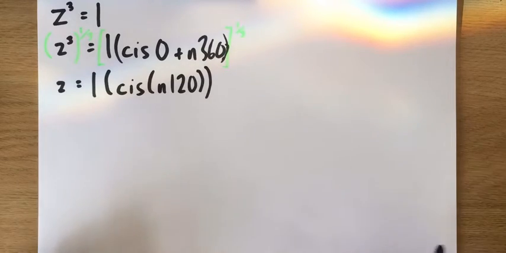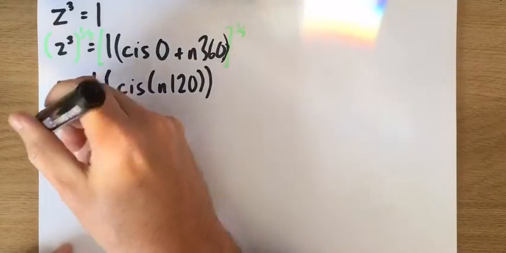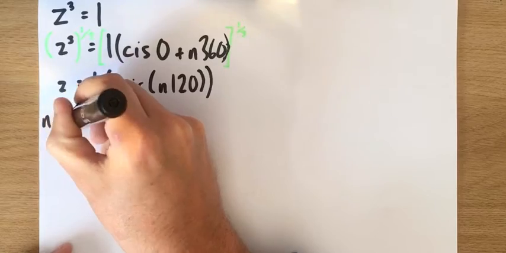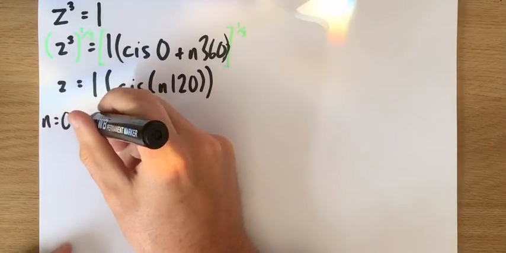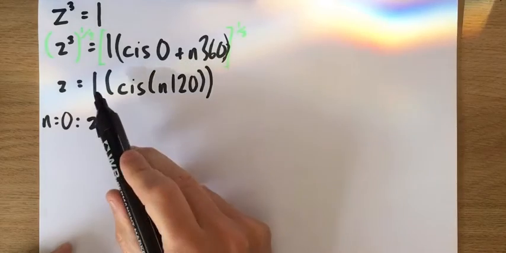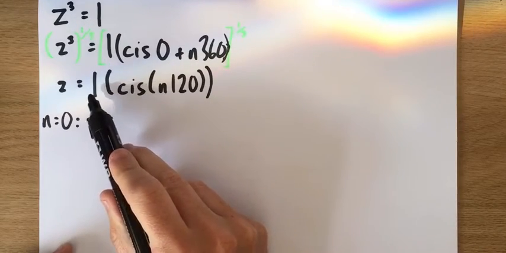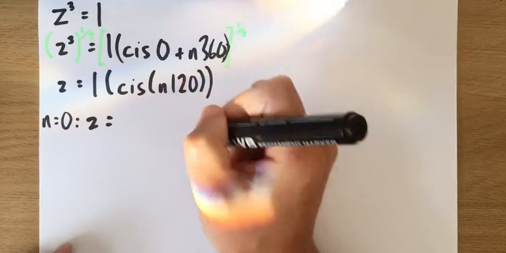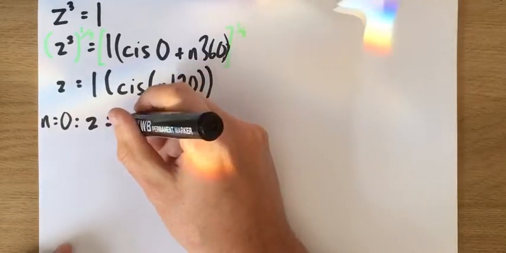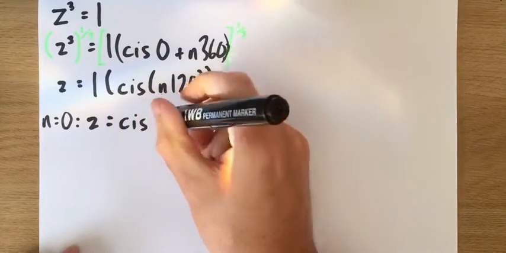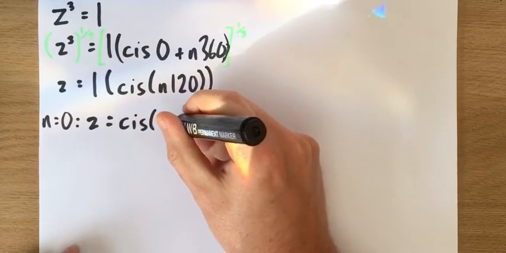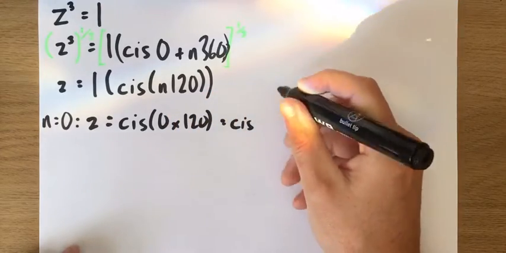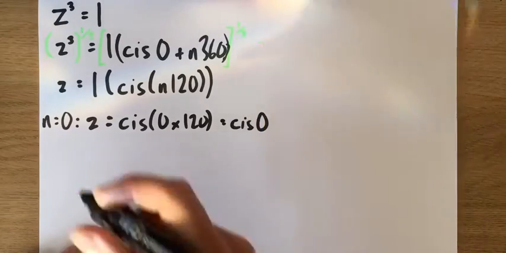All right, so let's sub 0 in. So n is equal to 0. I'm going to get z is equal to, you're multiplying by 1, so you can stop writing that if you want, the cis of 0 times 120, which is just the cis of 0.